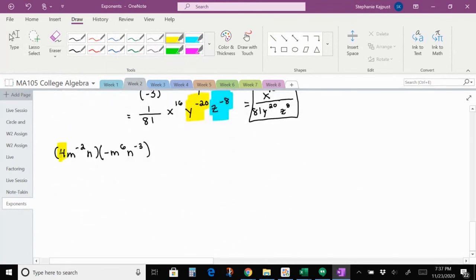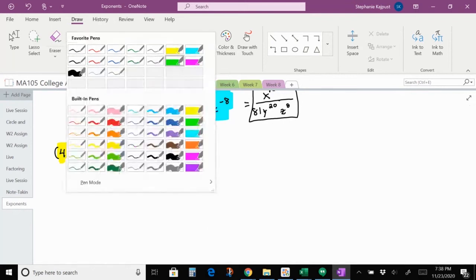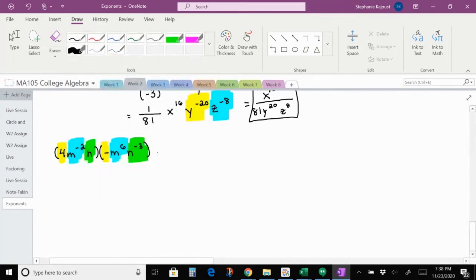So I'm going to group my numbers together, and if there's a minus sign without a number, we consider that a negative 1, so those would be grouped. And then I'm going to be grouping my variables, my m's, and then my n's. So we can rearrange this to make it easier, because when you have a whole bunch of things multiplied together, the order that you multiply them doesn't matter. You can rearrange them.